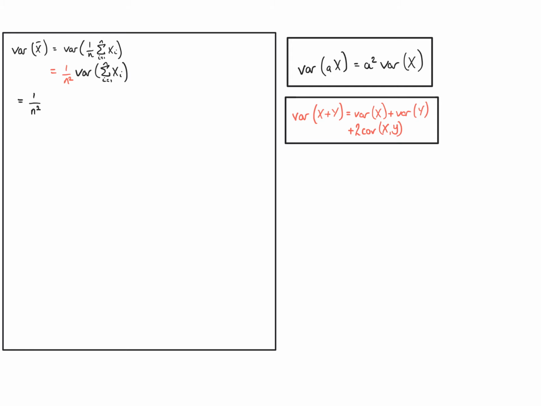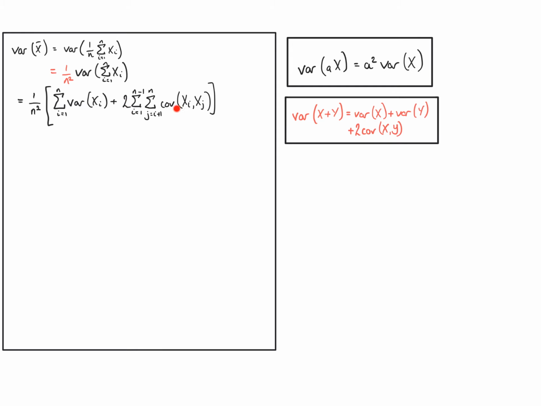And we can write that as being equal to the sum from i equals 1 to n of all of the variance terms plus 2 lots of the sum from i equals 1 to n minus 1 of the sum from j equals i plus 1 to n of the covariance between xi and xj. And all this summation is doing is taking account of all of the possible cross product terms.